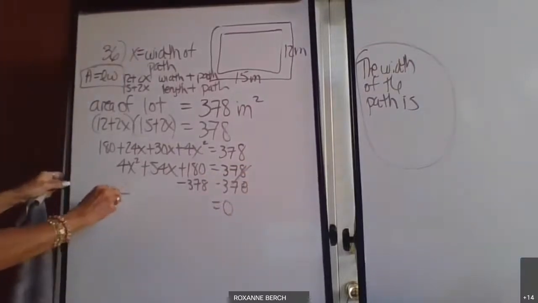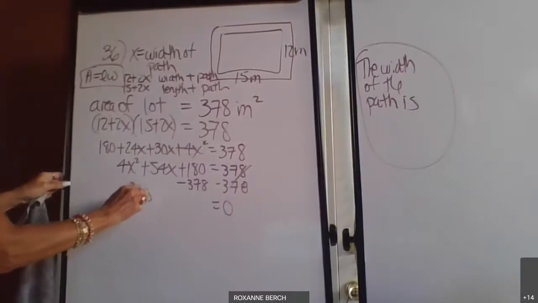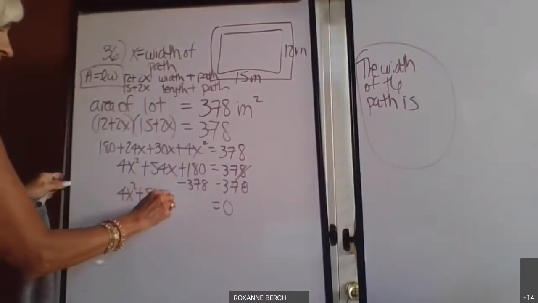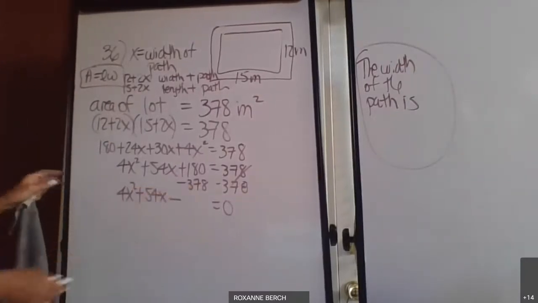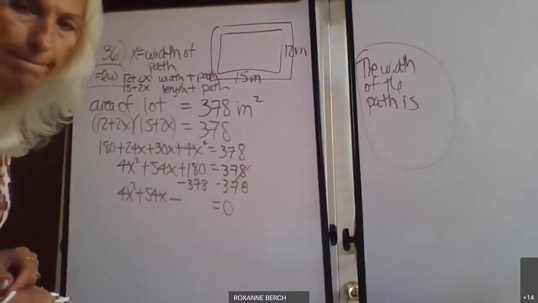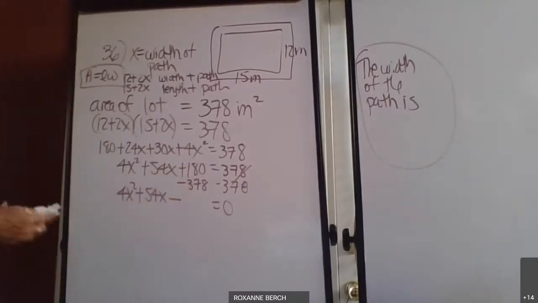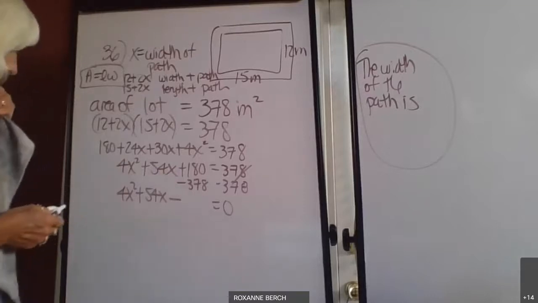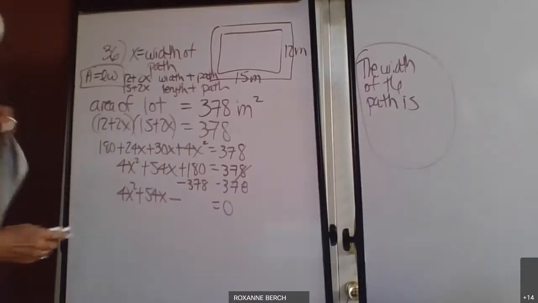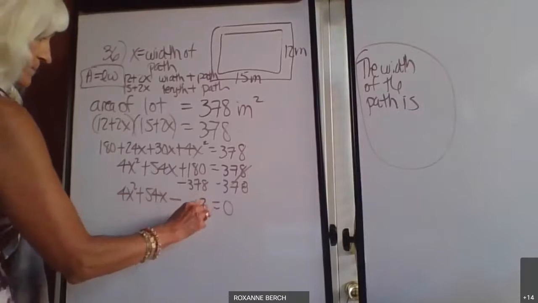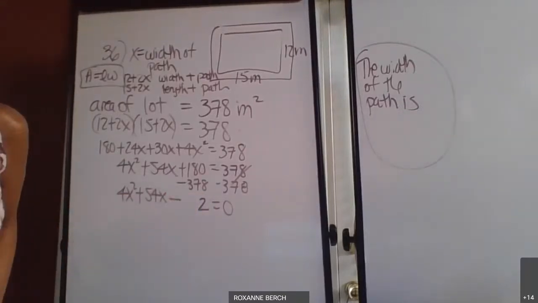So we're going to hope we can factor 4x squared plus 54x minus what's 378 minus 180?